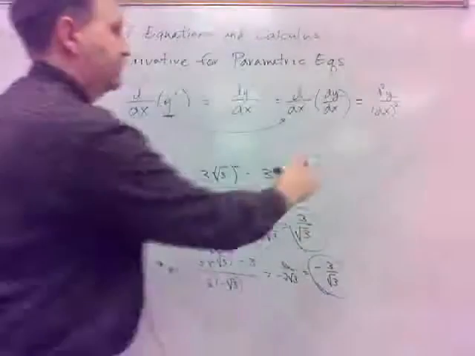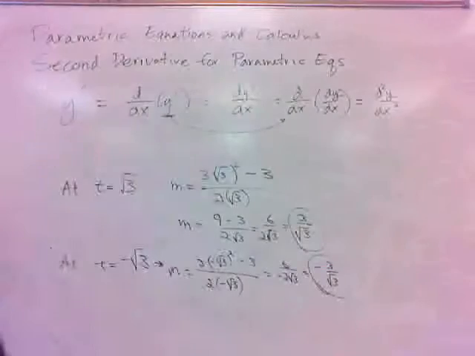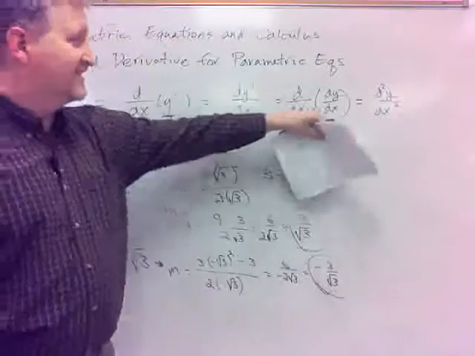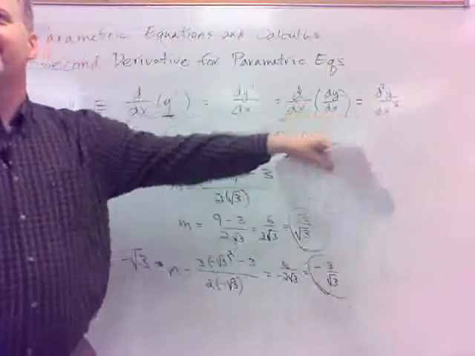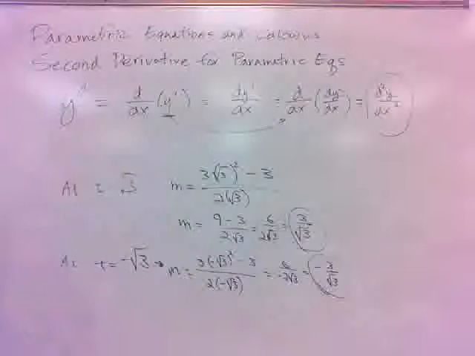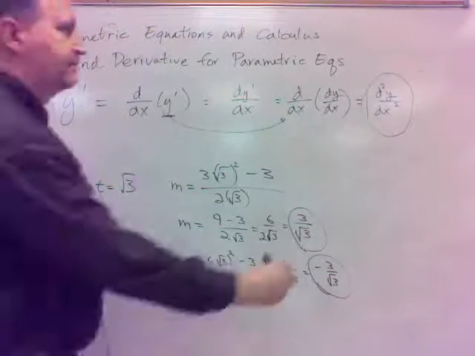See where that comes from? d squared y, dx squared. Okay. So this last one that I came up with right there, that's the way the book will write the second derivative for these parametrics, okay?